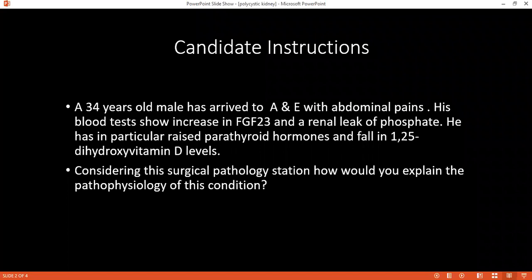If there is blockage of the tubular duct system, then it will cause an isolated cyst. But in this case, there are multiple cysts. Can you name a few other organs which can also have cyst formation? Yes, liver, spleen, pancreas and ovaries. These are other organs that can have cysts in this condition.